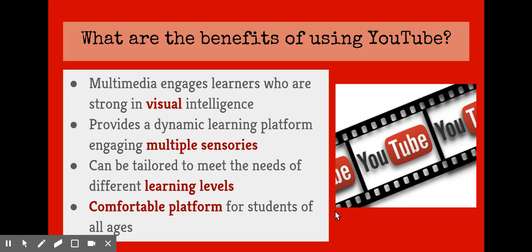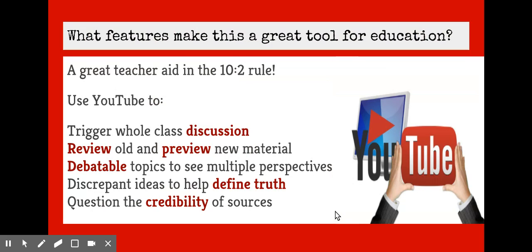If you're practicing a skill in a class, you can find videos that have basic level all the way up to advanced. And it's a platform that students are really comfortable with. This is something that they've been doing for a long time, as children, using YouTube, and they won't need the teacher's support too much to navigate through this website.